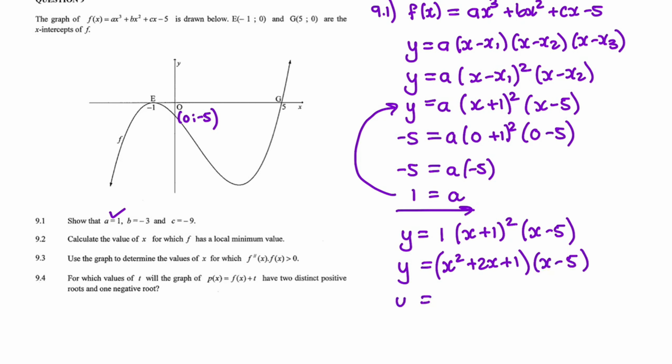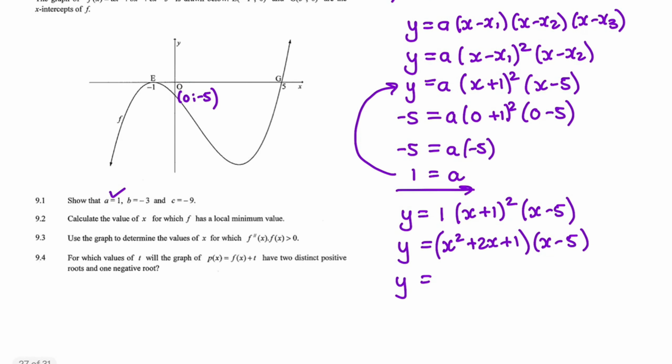And if I expand further by multiplying out, I have x cubed minus 3x squared minus 9x minus 5. Then we can see that b is equal to negative 3 and the c value is equal to negative 9. So therefore, b is equal to negative 3 and c is equal to negative 9.